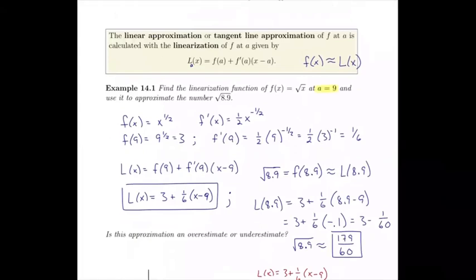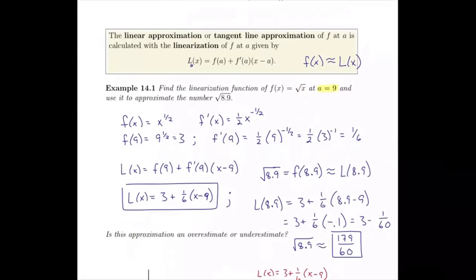We're going to build a linear approximation at a equals 9 for this square root of x function. Well, that's a very reasonable number to use, one, because 9 is pretty close to 8.9. So if we want to take the square root of 8.9, we can use a value that's easy to take the square root of, like 9, and is close to 8.9.